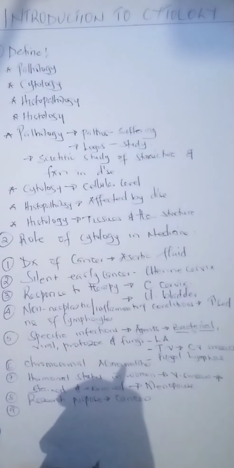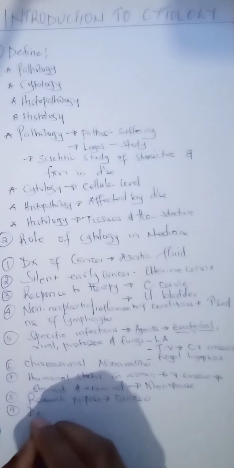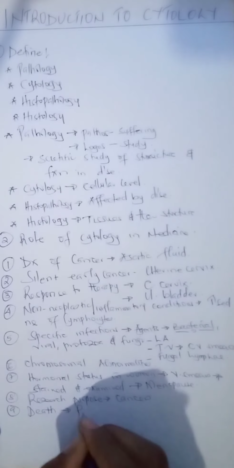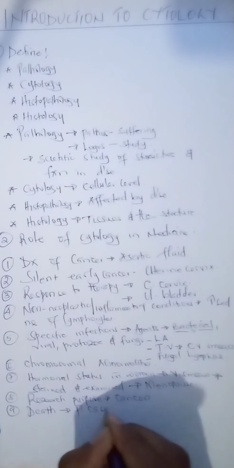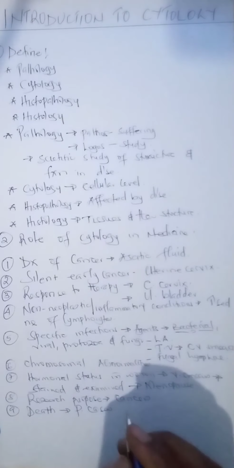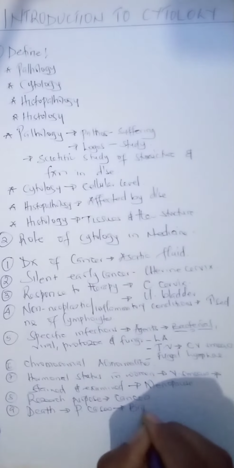Number nine, it is very important in identification of cause of death. This is very common with postmortem cases, whereby a touch preparation can be, for example, carried out on the brain to ascertain the cause of death.